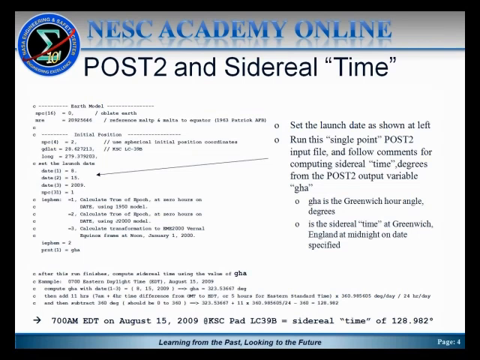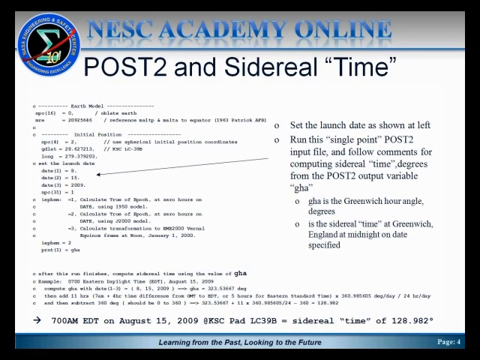Here's just a brief example of an input deck that could be used to compute sidereal time for a given day and date and location on the Earth. I won't go into the details here, so if you're not familiar with POST, you can get access to some of the documentation for what these inputs mean.